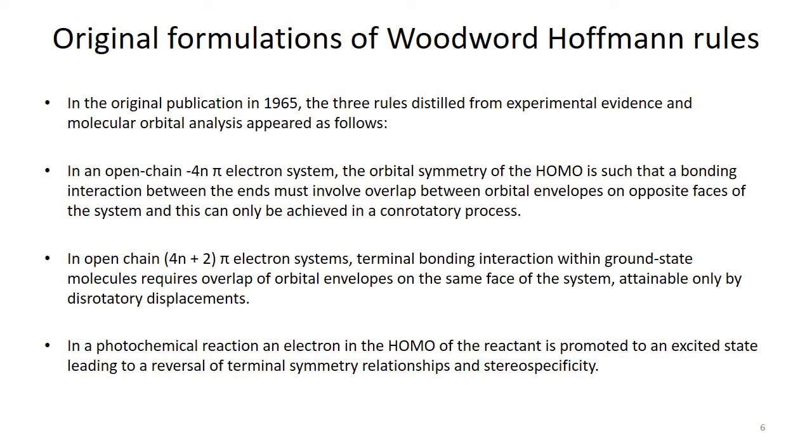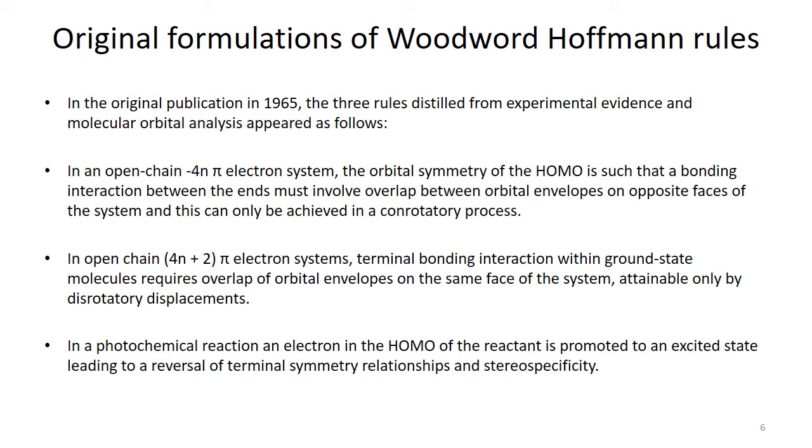In the case of a 4n pi electronic system, we just finished the talk, and in the case of a 4n plus 2 pi electronic system, we have an open system, and it is just opposite to the previous example: the terminal bonding interaction within the ground state molecule, because we are talking about the thermal reaction. So in a thermal electrocyclization reaction with a 4n plus 2 pi electronic system, the orbitals on the opposite ends have to overlap to form a sigma bond, so they should overlap on the same face of the system.